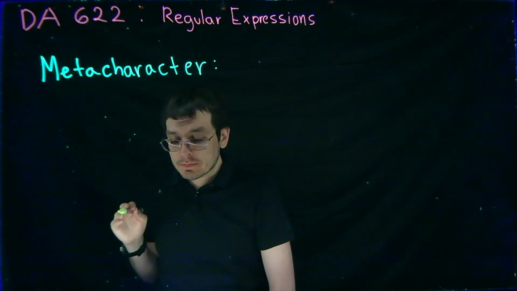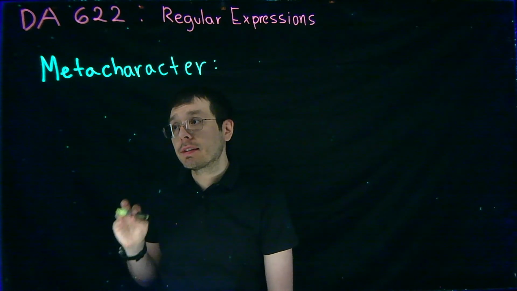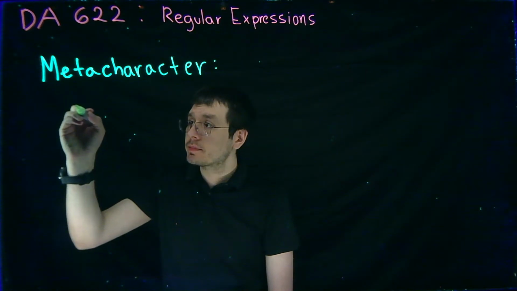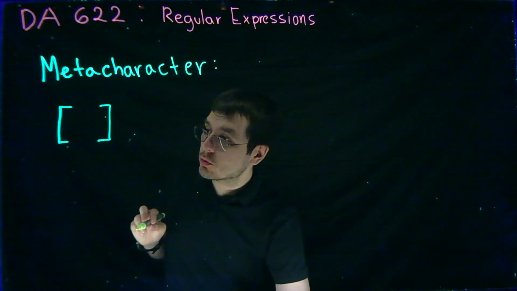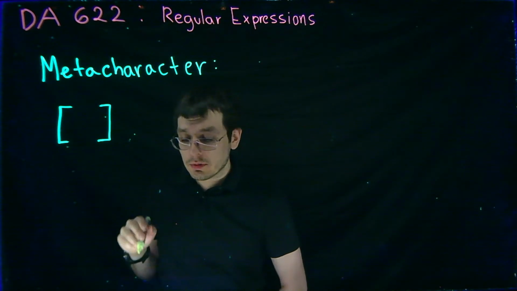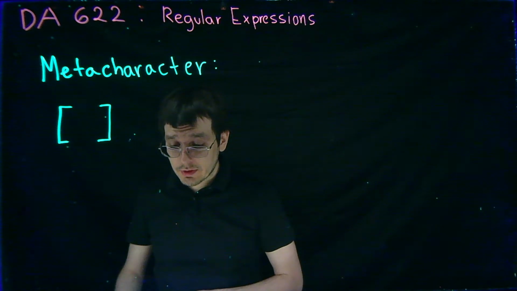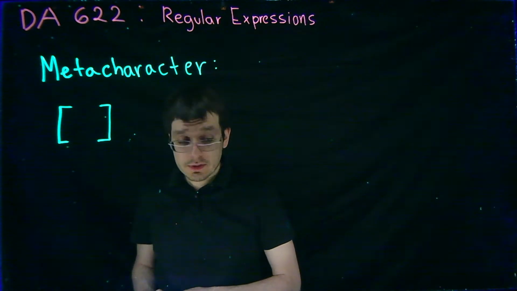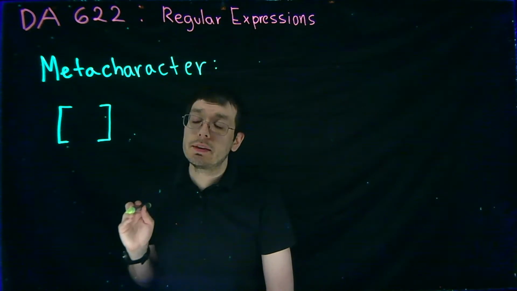So, for example, let's say that we're trying to find a set of characters. You would use the square brackets, and in between, you would put the list of characters that you're looking for. For example, let's say you would like to search for all characters between the letters A and G.